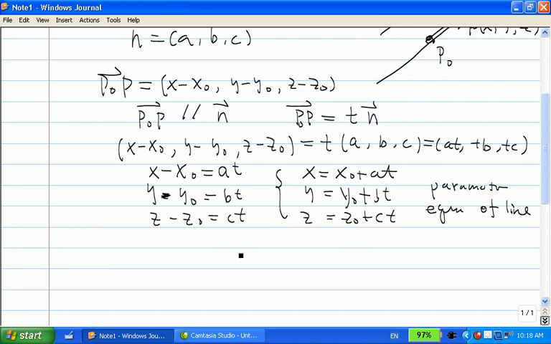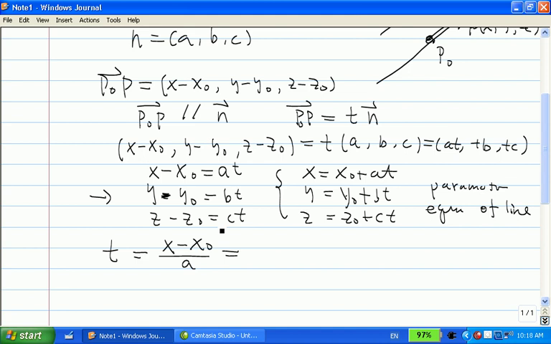There's another form we call the symmetric form, which looks like this. From the first equation, if you divide both sides by a, you get (x minus x0) over a equal to t.